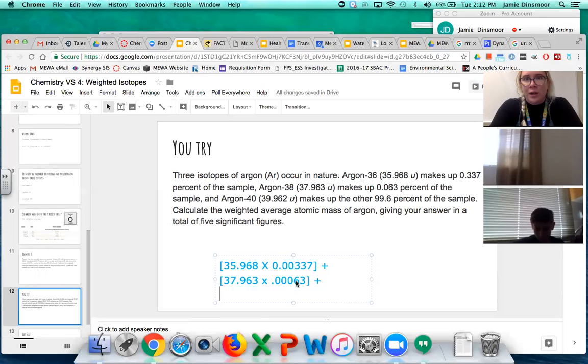Meanwhile, argon 40, right, our final version here, is 39.962 times what? What are we going to multiply for our percent for our last isotope here?